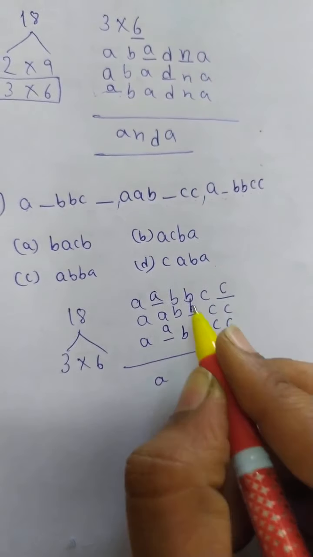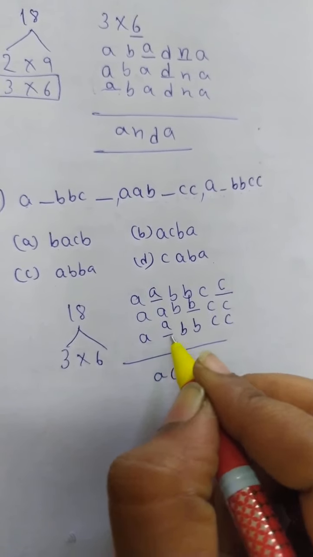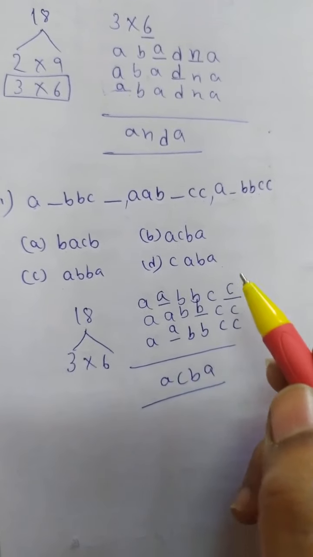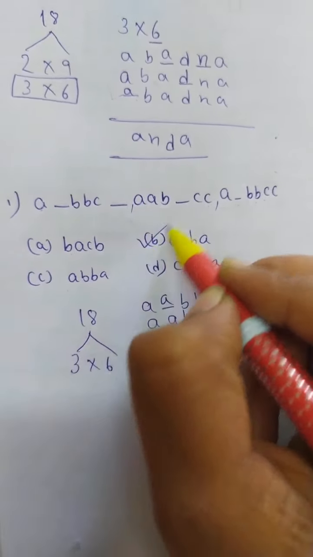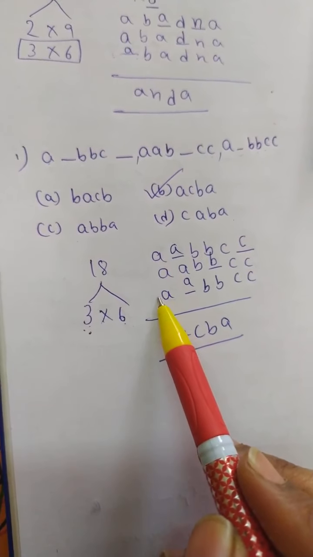A, C, B, and in the last line we have A. So the answer is ACBA. Option B is correct. Here we took 6 letters with 3 blocks.